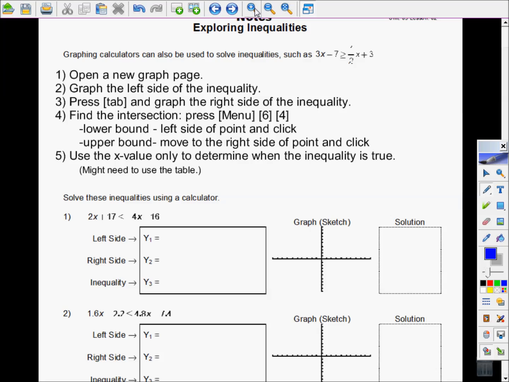So when you first graph the left side, you just press tab 2, right? You press tab.